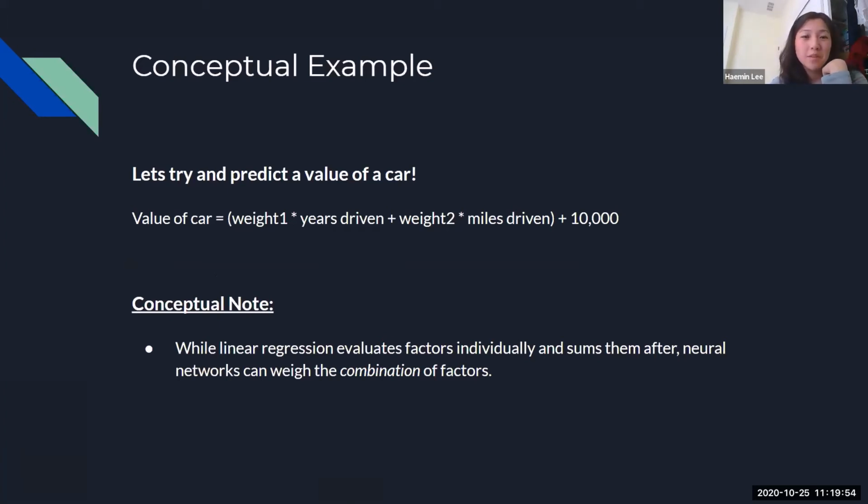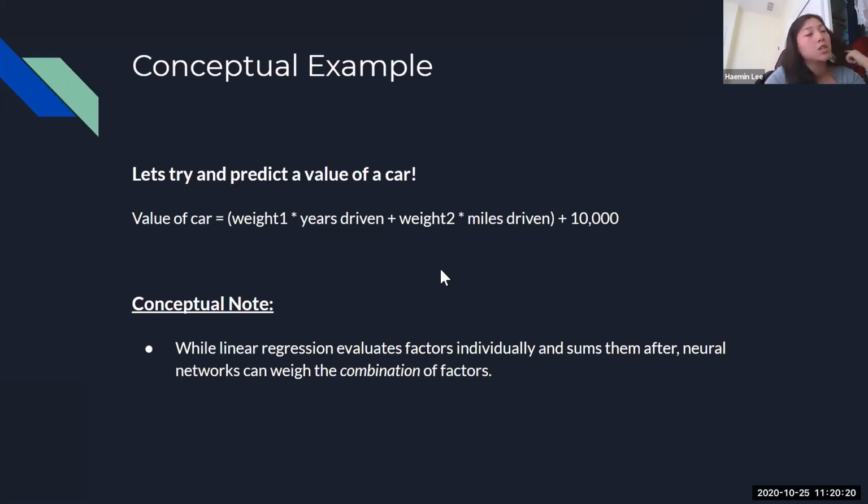So maybe the number of years driven is much more important than the number of miles driven, in which case you want to weight one bigger than weight two and not equally. And then the bias I was talking about is going to be in the 10,000 because we're assuming that cars have some kind of base value and they don't depreciate into just a $0 car. Maybe it does. I actually don't know.